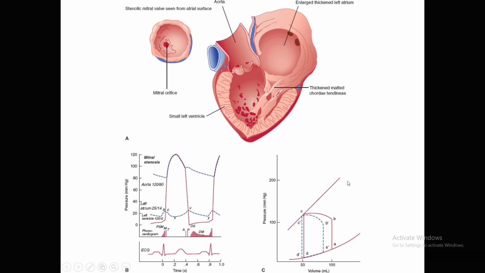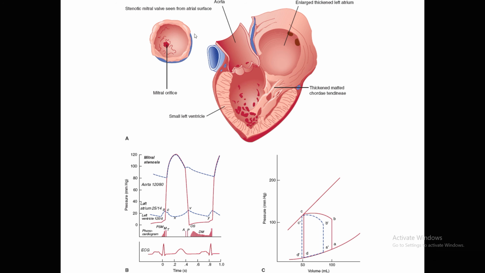Now, let's go to the mitral valve. We'll consider first mitral stenosis, the narrowing of the mitral orifice. Normally, the area when opened is about 5 to 6 centimeters square. If decreased to about 1 centimeter square, a clinically relevant picture will be produced.